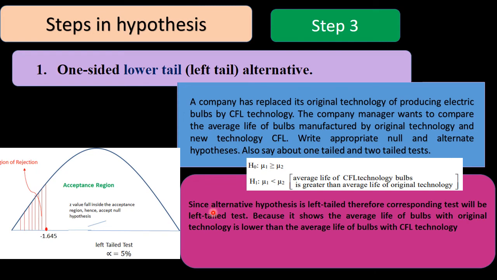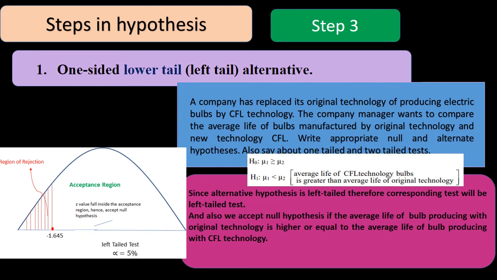Again, I can explain: since the alternative hypothesis is left-tailed, the corresponding test will be a left-tailed test, because it shows the average life of bulbs with the original technology is lower than the average life of bulbs with CFL technology. That is the alternative hypothesis. Because of this less than, it goes to the lower tail.